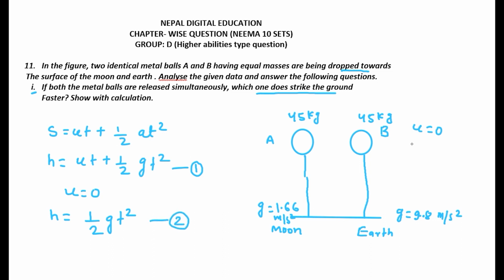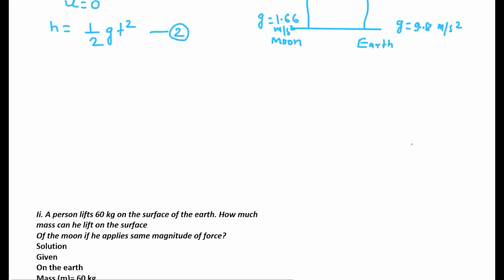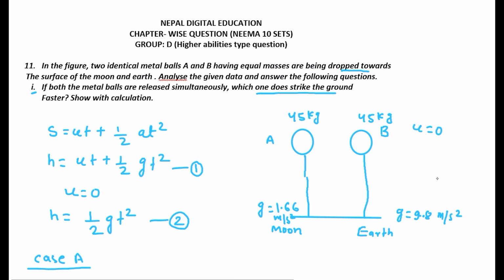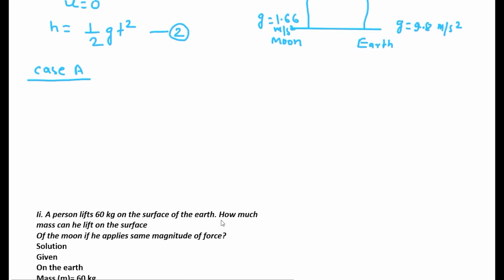So in the first case, case A, the moon, the height is 50 meter, and the height is also the same for the other case, 50 meter. So in case A, the height is 50 meter, so 50 equal to half g t square.